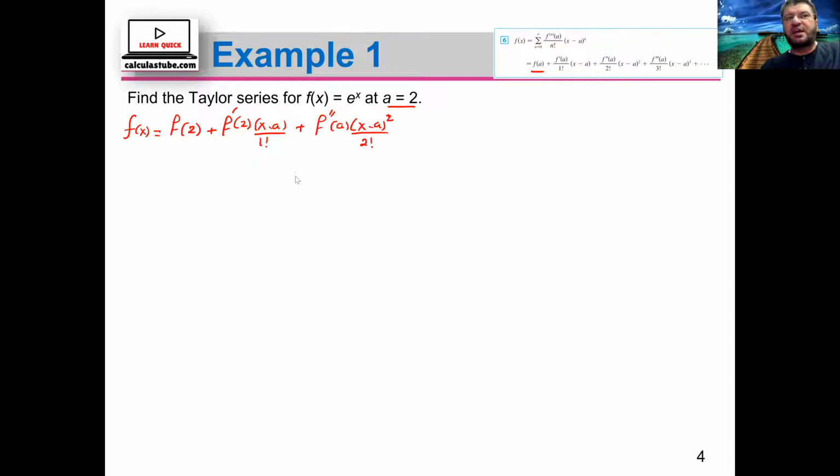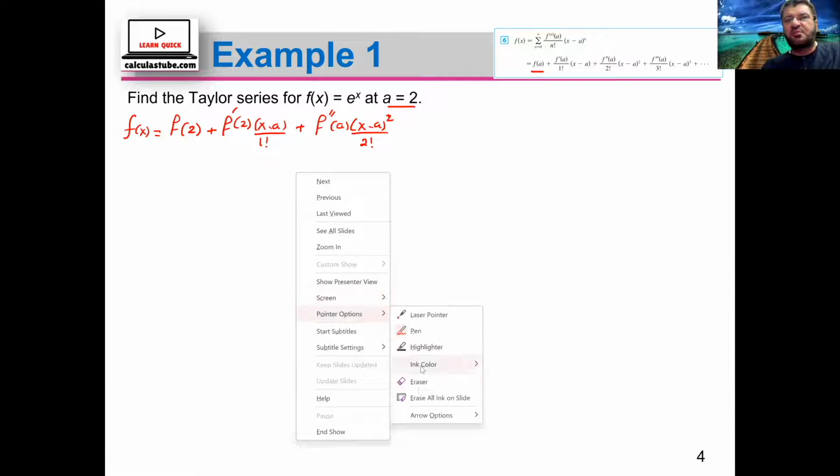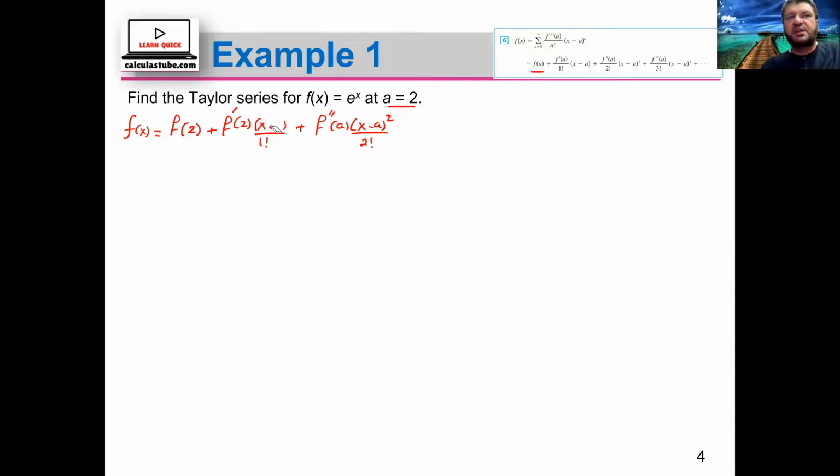I'm forgetting actually the a is 2, so I better fix it before we go further. So this a is 2, and this a is 2. x minus 2, and this is (x minus 2) squared, plus f triple prime of 2, and this is also 2, by the way.